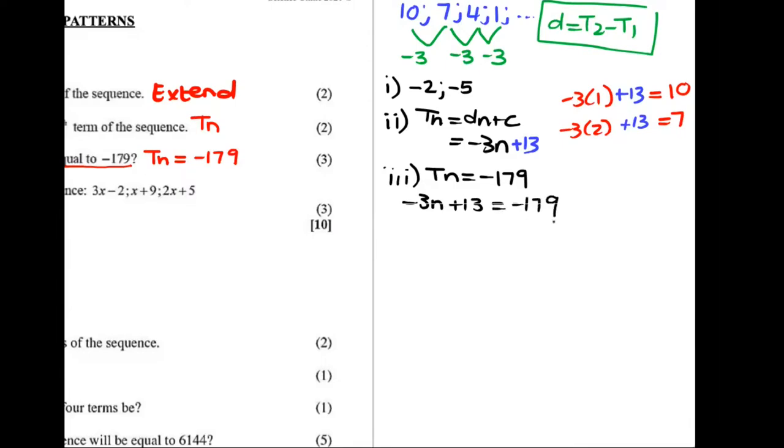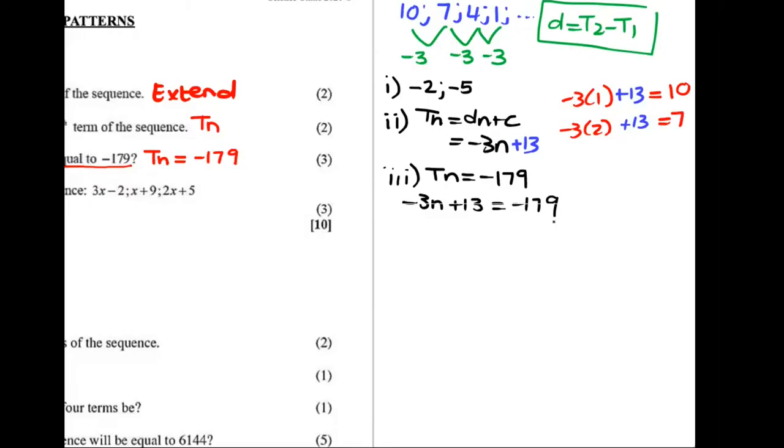negative 179. Now, something I just want to say at this point. If you had gotten the previous question wrong, so if you got the minus 3n plus 13 wrong, your teacher should then mark with continued accuracy going forward.